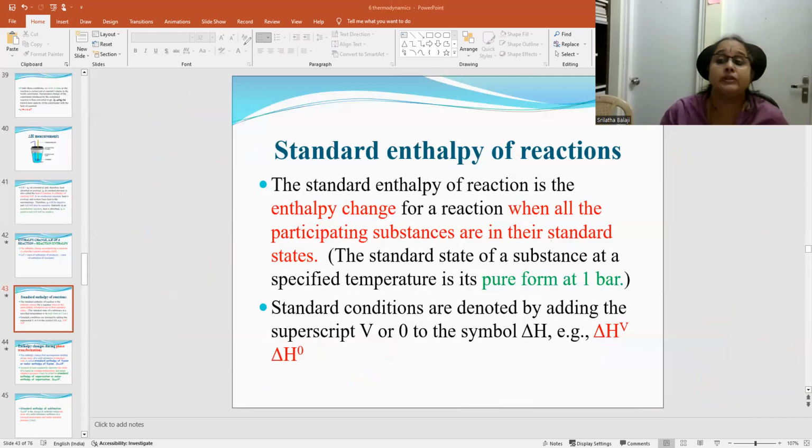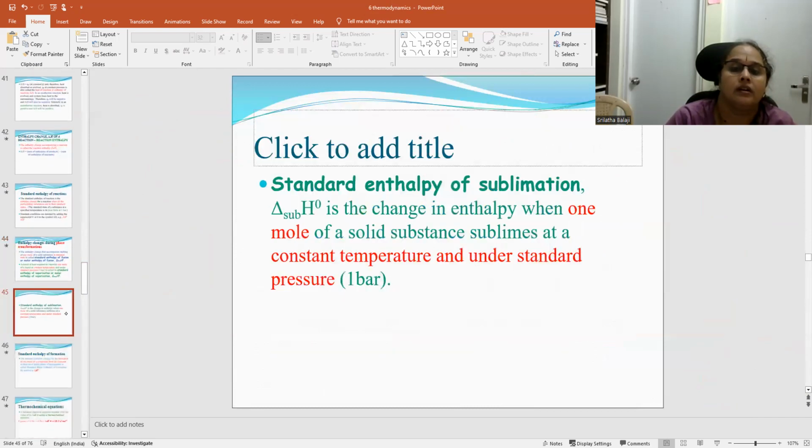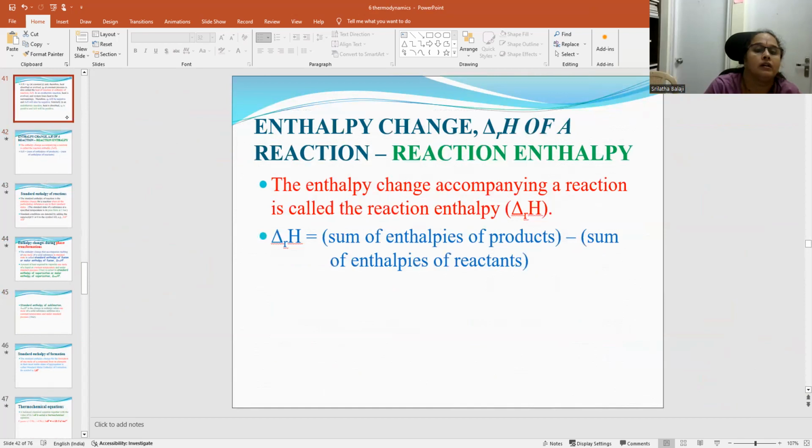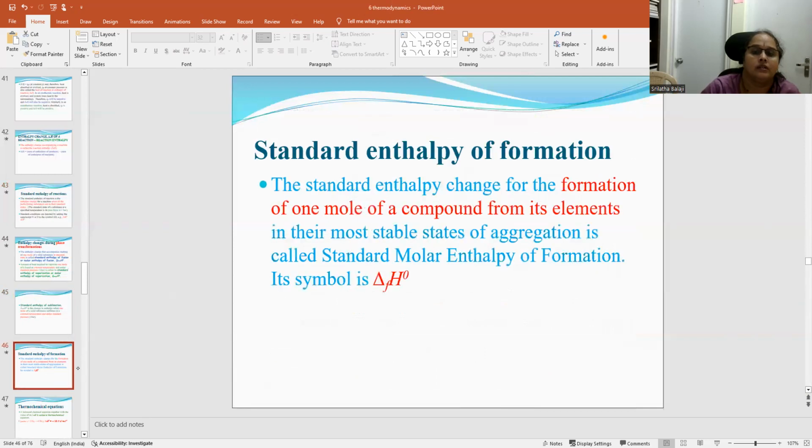Now, we will see different types of reactions, as I told you. The first is enthalpy of formation. I would like to go for this and then I will go with the remaining. Everything is there in this, okay?